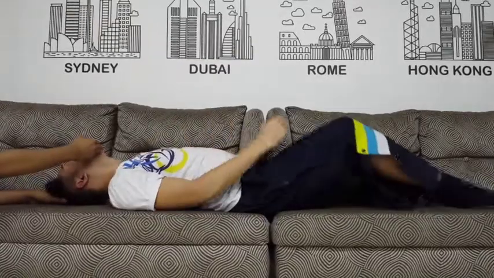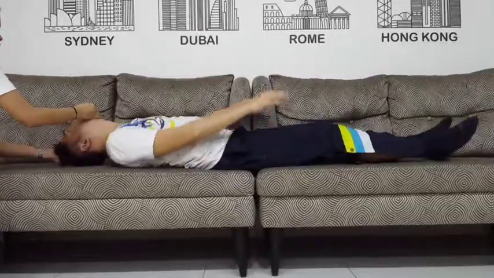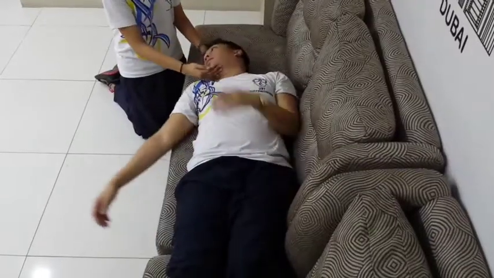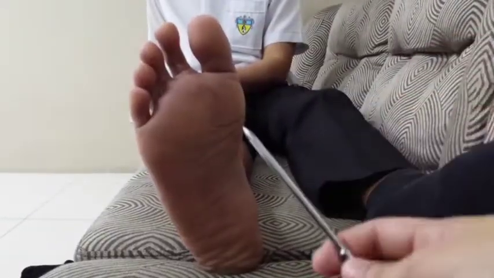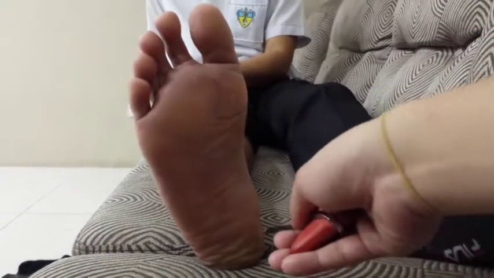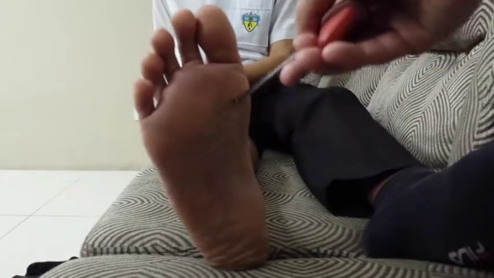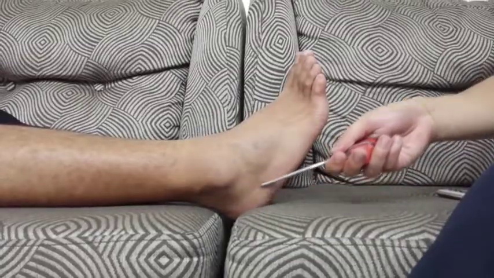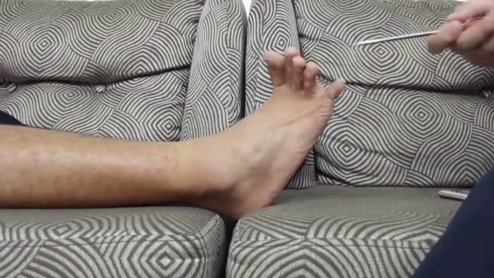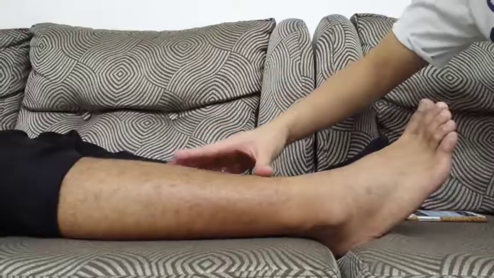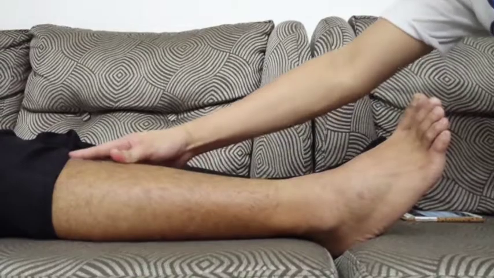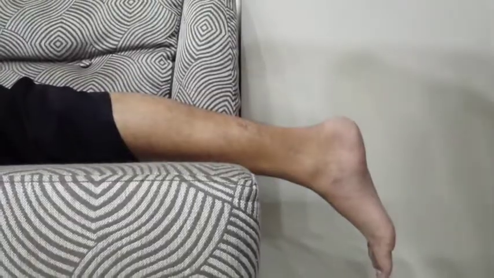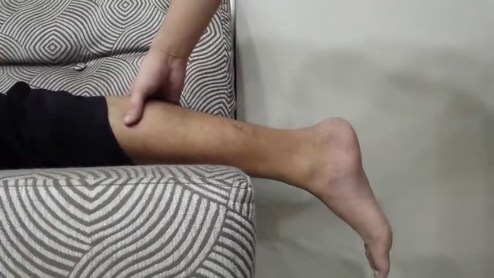As mentioned a while ago, there are 4 other reflexes that are tested under this assessment, starting with the pathologic reflexes. The Babinski sign, the Oppenheim test, the Chaddock test, and the Gordon test.